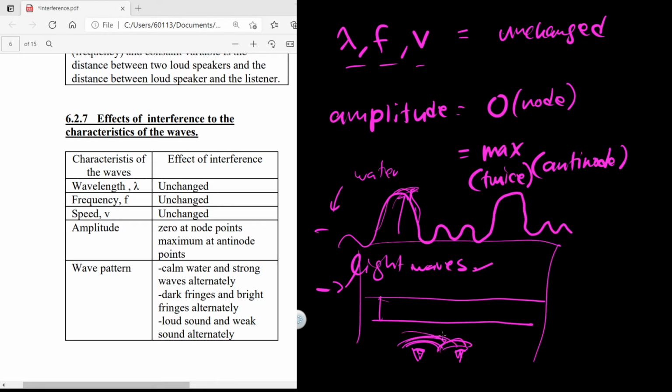We project both of them on the wall or screen. What will be produced on the screen or wall is bright and dark fringes. Let's say dark, bright, dark, bright, dark, bright, continuously.